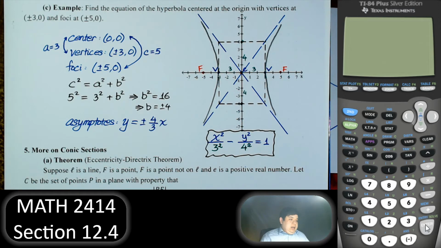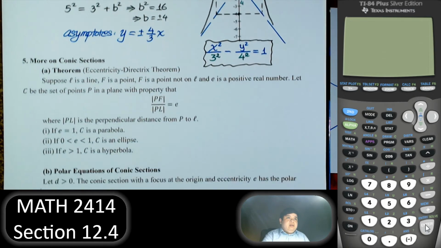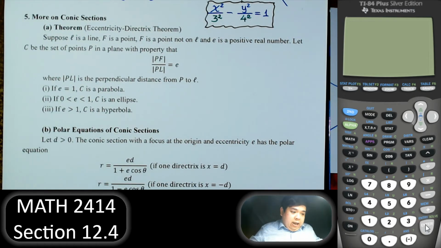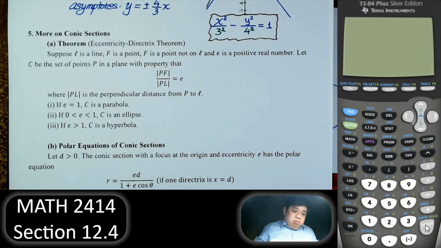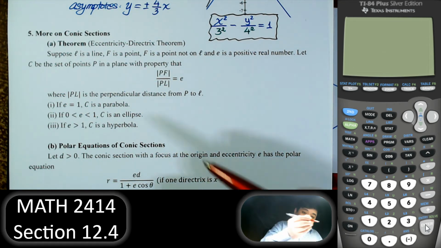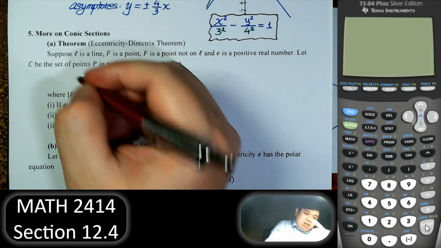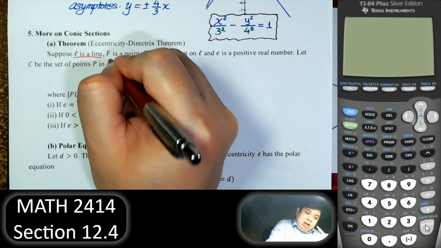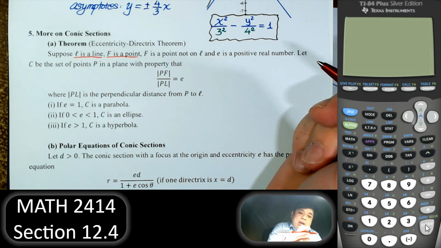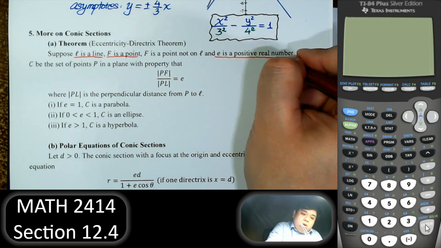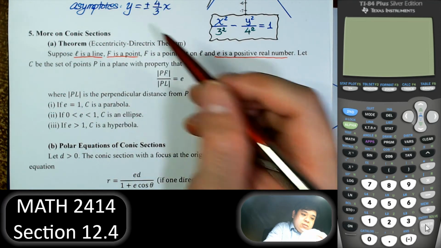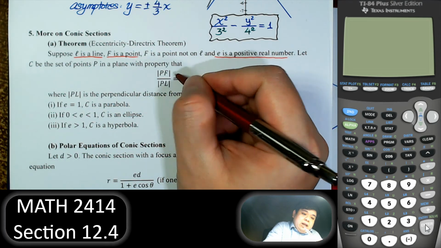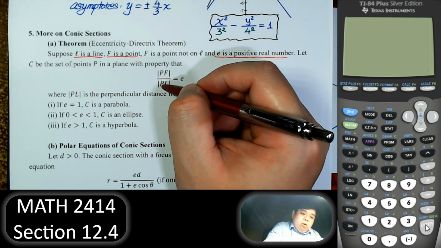Now, more on conic sections. Now we can define the conic sections differently. If we have a line that is fixed, that's the directrix, and a point that is fixed, and we define e, called the eccentricity, as the ratio of PF over PL.